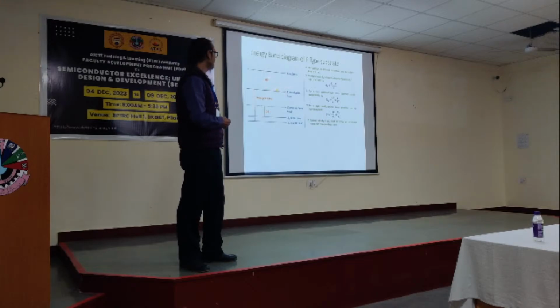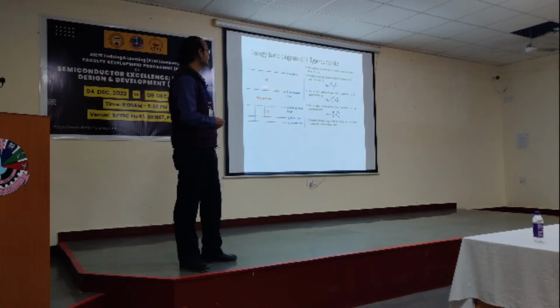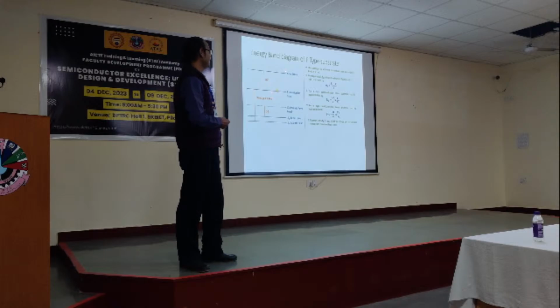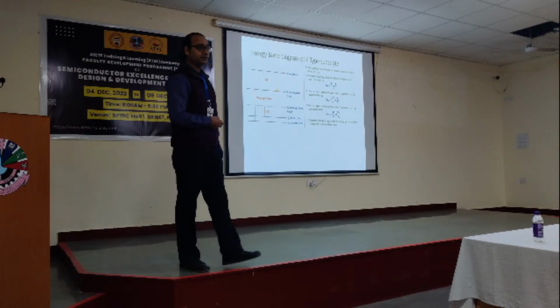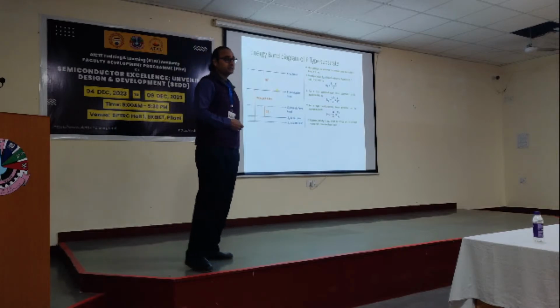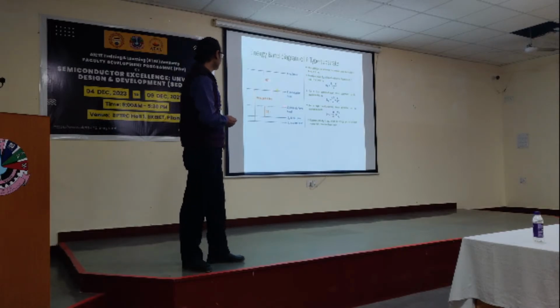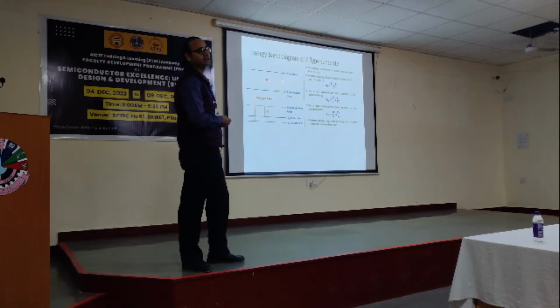Electron affinity is the energy required for the electron to get out of the semiconductor, but from where? From the conduction band, right? So that's why the work function will have this term, q chi, where chi is the electron affinity, plus up to here.